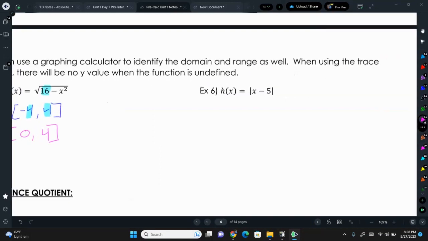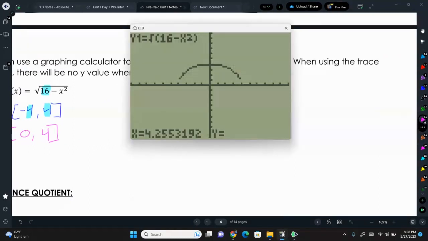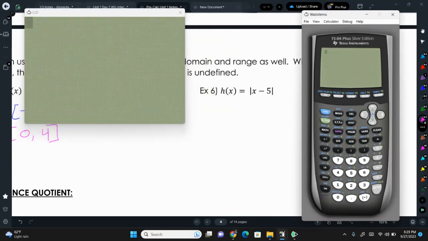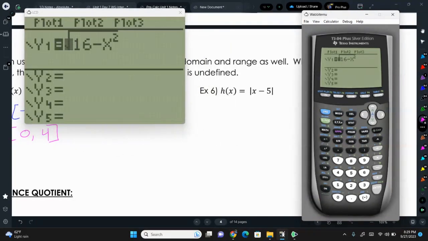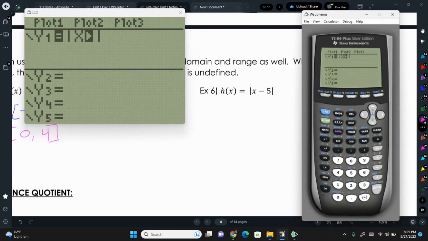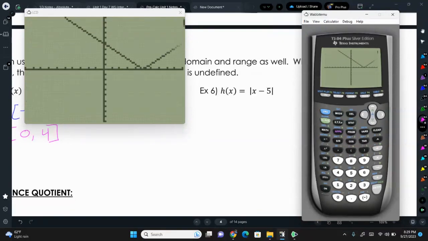We have example 6, h of x is equal to the absolute value of x minus 5. So if we go ahead and graph that, okay, absolute value, we do alpha window, then abs, x minus 5. We're going to see that the domain is all real numbers.